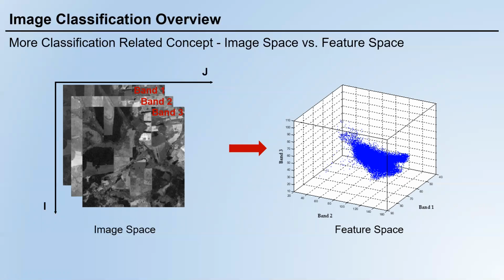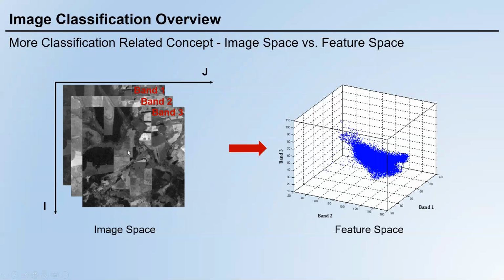And it's based on multiple images, because when we do classification, multiple bands are employed to address the spectral characteristics of each pixel. So this is image space. We use multiple images and we can see them here. Each image is for a specific band.